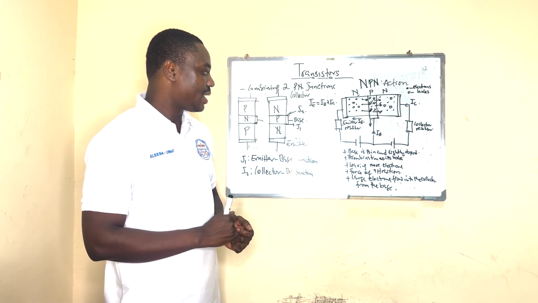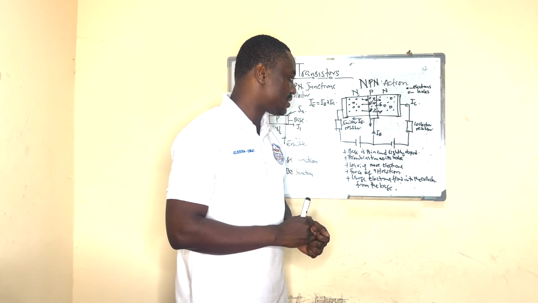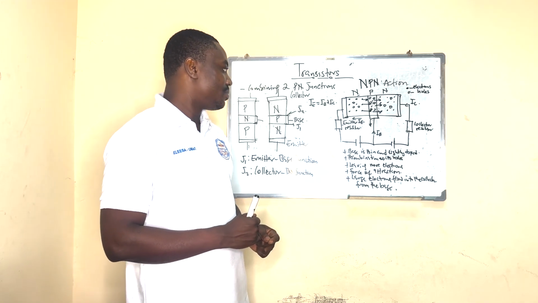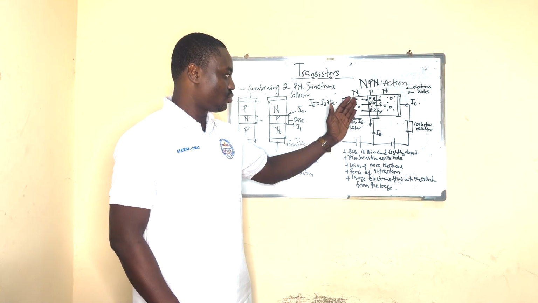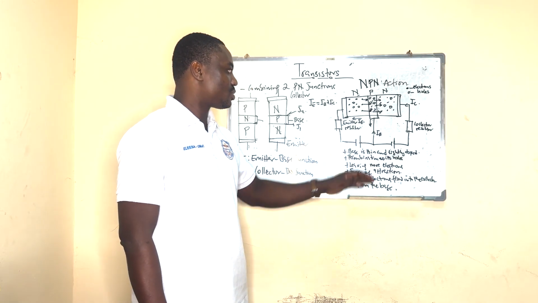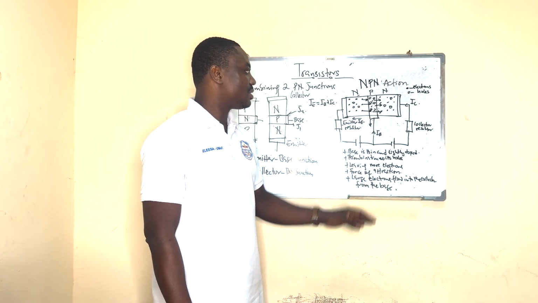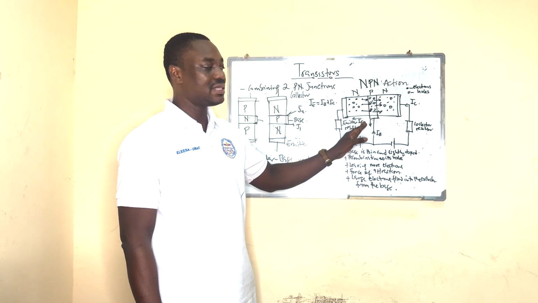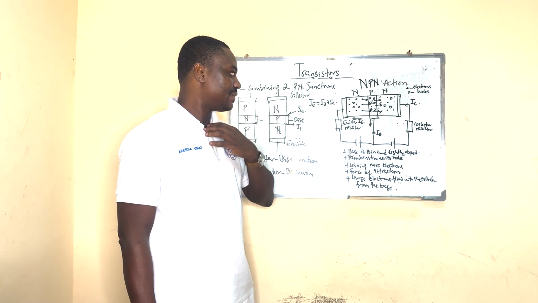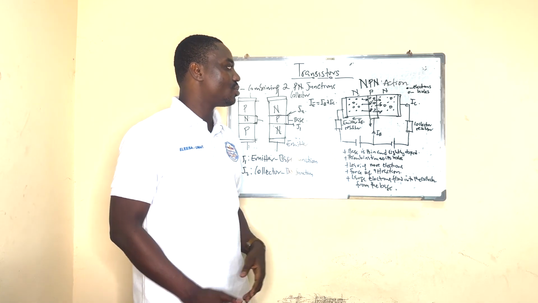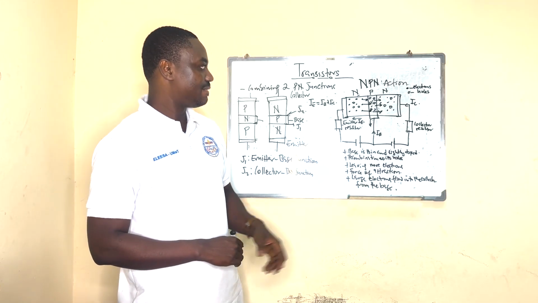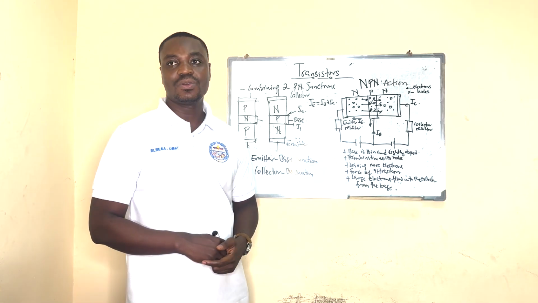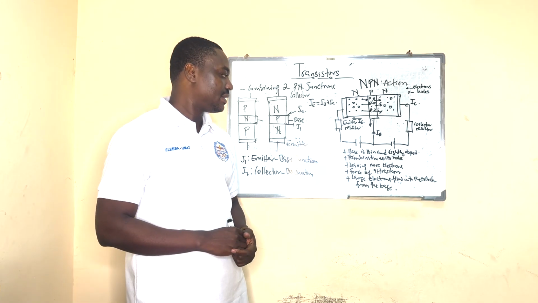Now, once this has taken place, we have a situation where we have majority electrons in the emitter region and majority holes in the base region, with the base being connected to the positive terminal.